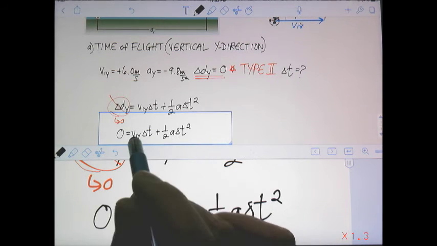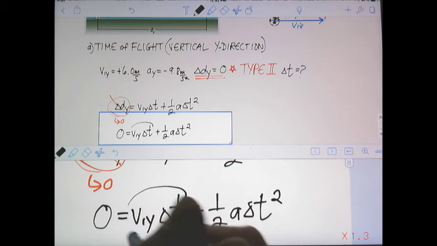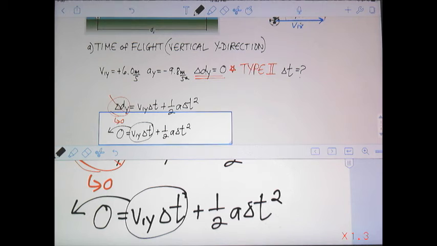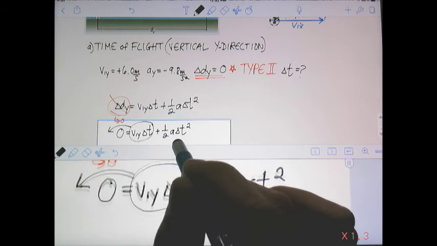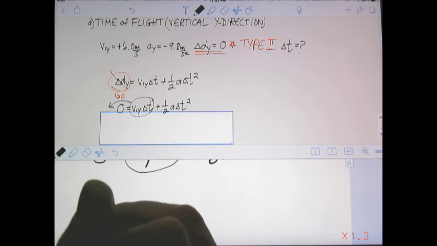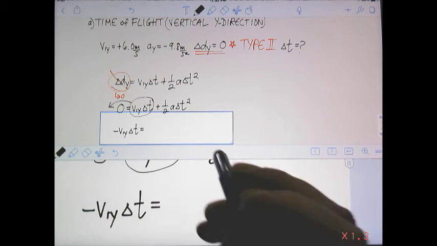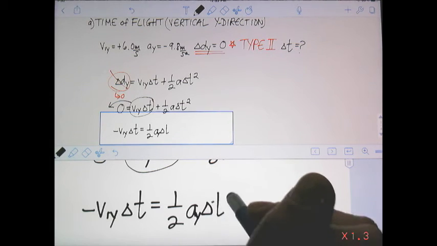We have delta t in two terms, which poses a bit of a situation. What I want us to do first is take this v1 delta t and bring it over the equal sign. If we do, what will happen to its sign? It becomes negative. So we'll rewrite this as negative v1y delta t is equal to 1/2 ay delta t squared.